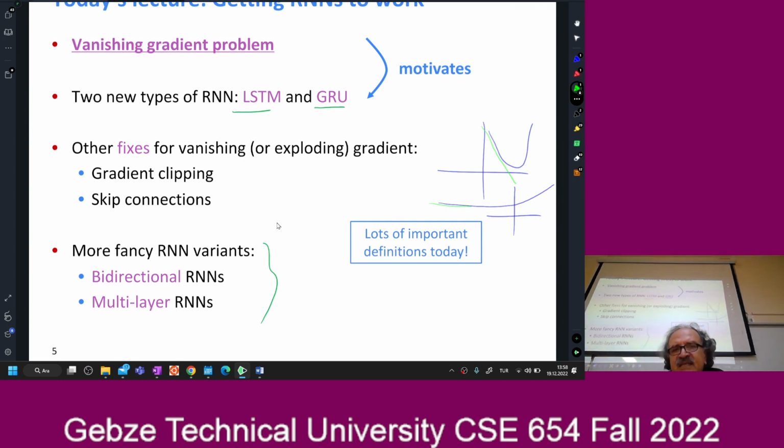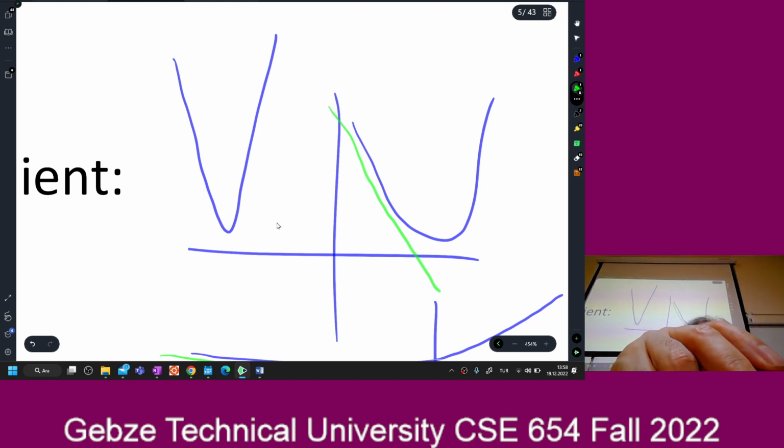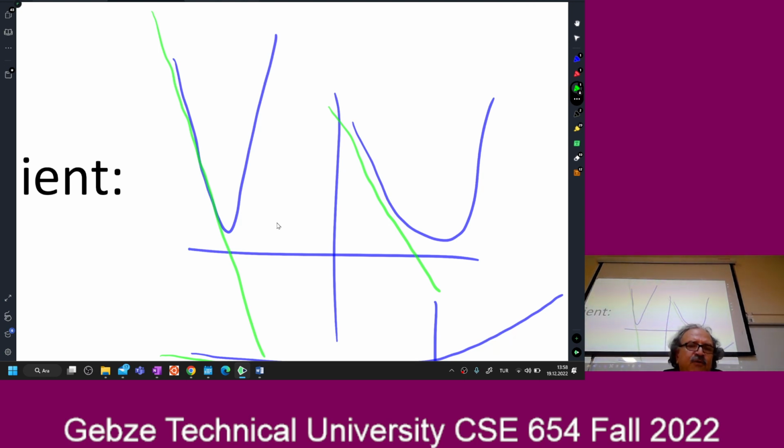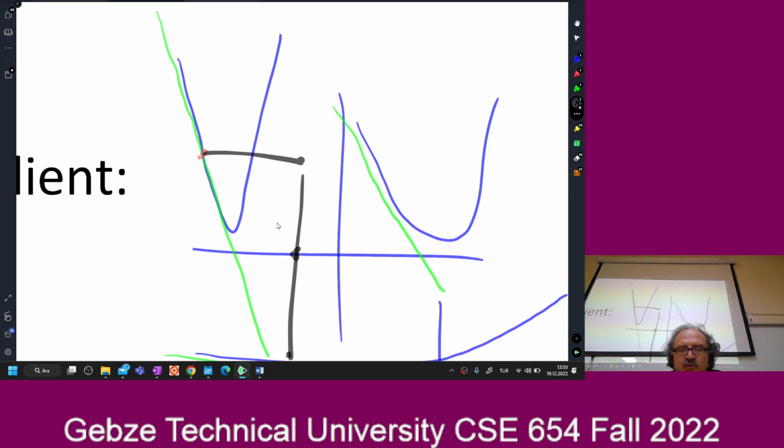The other thing is this. It's called exploding gradient. If my function is like this, then in this case my derivatives will be very steep, and I will overshoot. If I am at this position and I move along this gradient, maybe this much, I will overshoot and come to this position, and I may lose the local minima or the global minima.